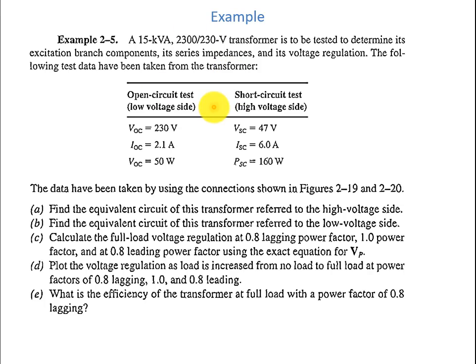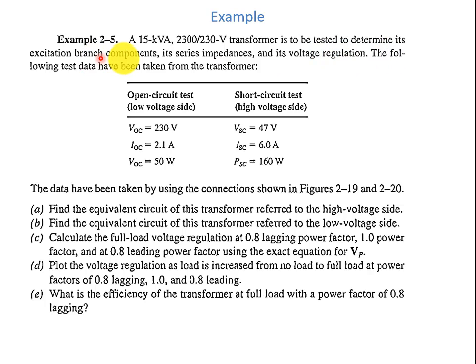So to understand this phenomenon, let's look at this example. It says that a 15 kVA 2300 by 230 volt transformer is to be tested to determine its excitation branch components, its series impedances and its voltage regulation.